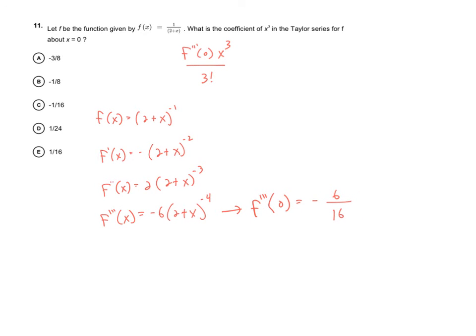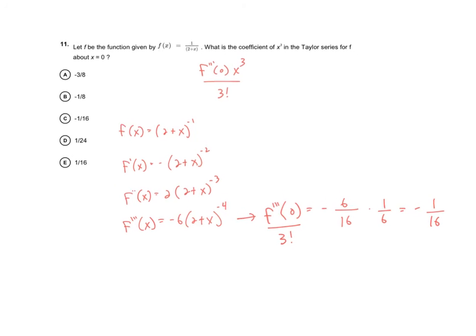And then just remember, we want to divide this by 3 factorial, so times that by 1/6. And so that'll be negative 1 over 16. And that's it.